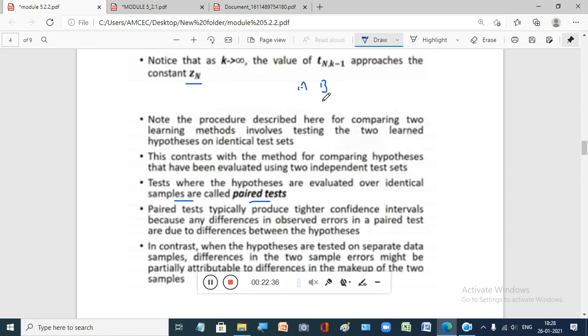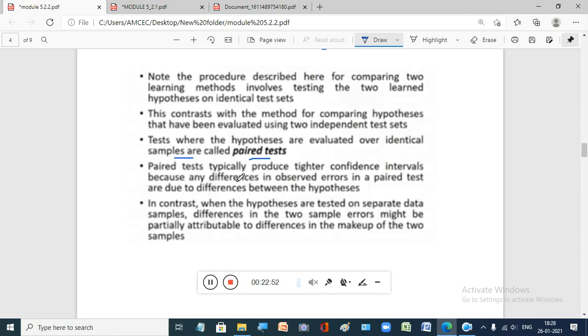There might be other comparison methods also available, but this method we call a paired test. This paired test typically produces a tighter confidence interval, because whatever differences we find in our observed error are due to the difference in hypothesis, not to a difference in our data set, because we are using an identical data set.